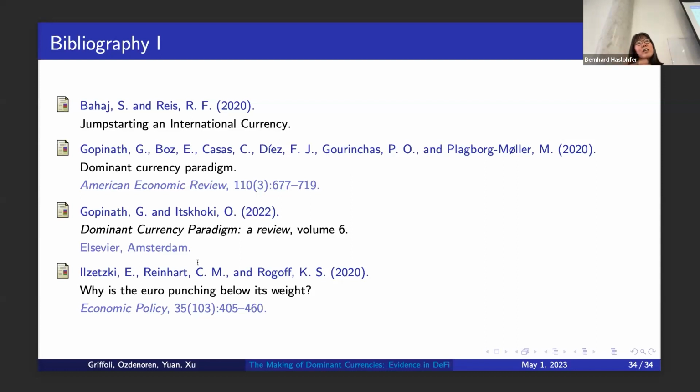It's not a vehicle currency, for a reason you all know: there's no smart contract capability, no active money market, and no ecosystem, but still it's a quality asset. So the scandals, the risk, the reservations of participants definitely matter. We use a boom-bust to capture that, but other major events will also be important. Yeah, very good suggestion. Thank you.